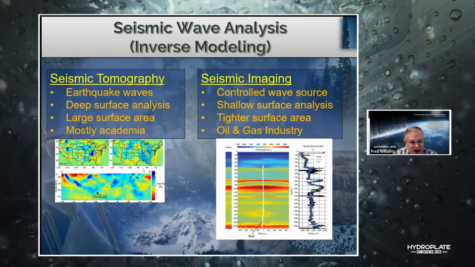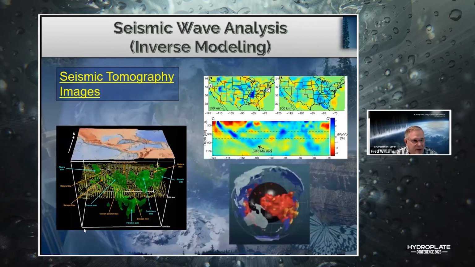It has a shallow surface analysis, a tighter surface area, and it's primarily used by the oil and gas industry as they look for natural resources. Here are some examples of seismic tomography images to give you an idea of the big picture things it's looking at, more gross structures. I'll mention this one right now. Actually, I'll get to this one later.